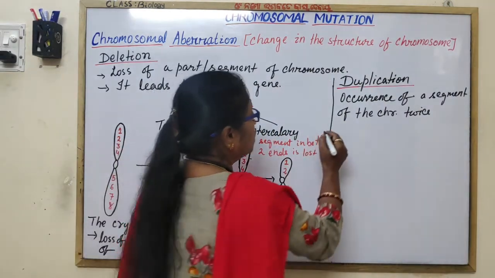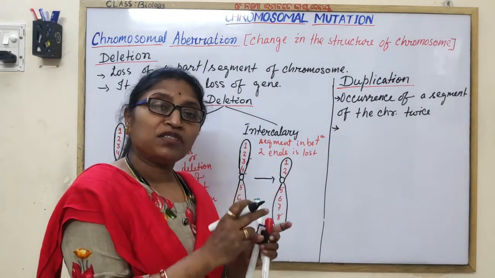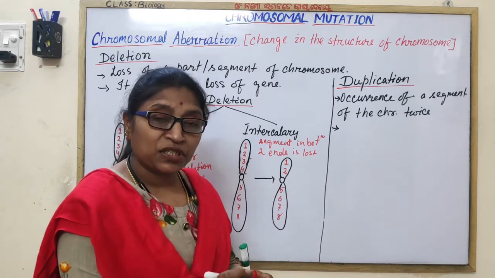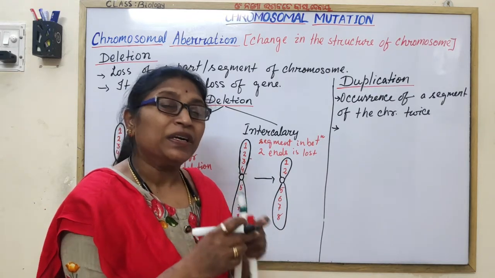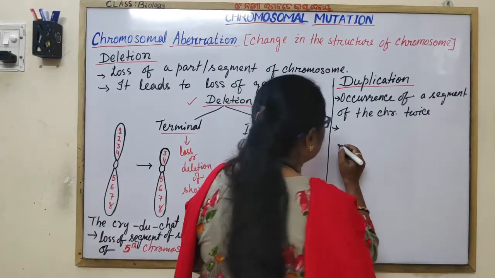Here what happens, the lost segment of one chromosome is attached to its homologous chromosome. Let us see how it occurs.